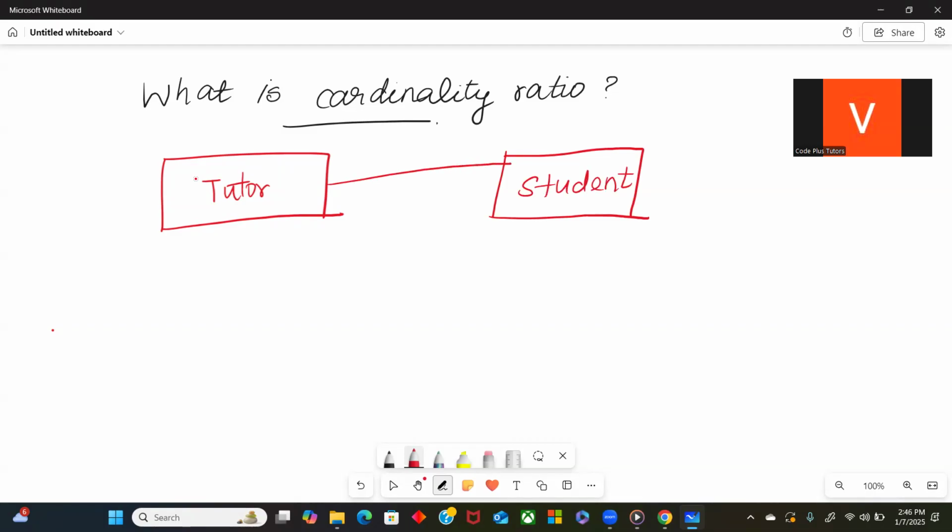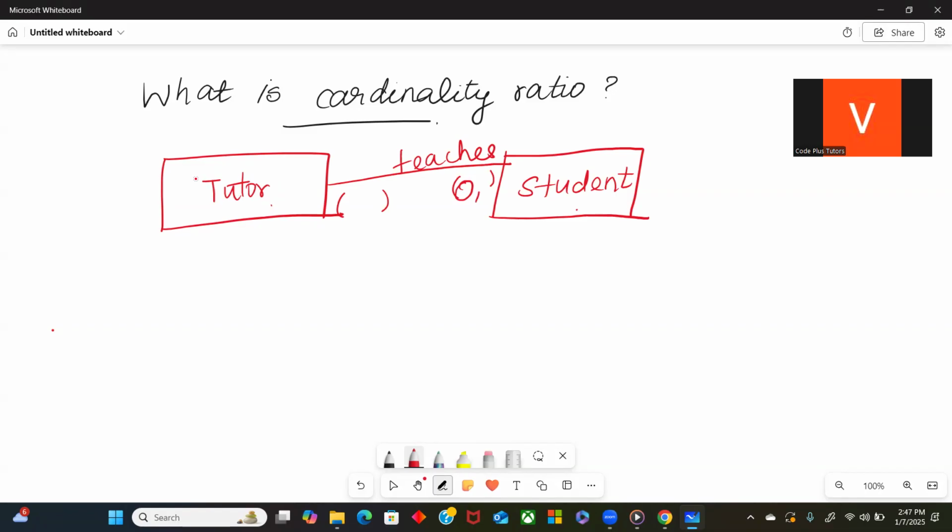When it comes to the min max relationship cardinality, it will be in parentheses. One tutor can teach how many students at the minimum? If there is a new tutor who is not assigned any students yet, does it mean that person is not a tutor? No. There could be tutors who do not teach students right now. So the minimum could be zero.